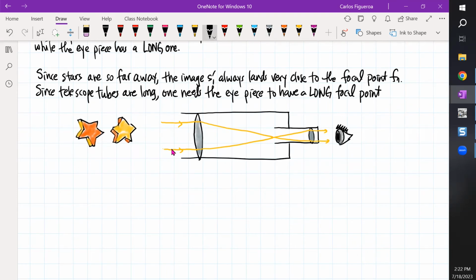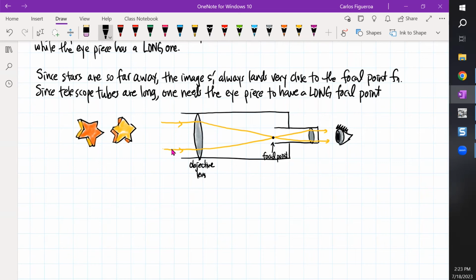So here is the objective lens. And right here, this is going to be very, very close to the focal point. Okay, so this is going to be the focal point of the objective. And then right here, I'm going to choose the same point.